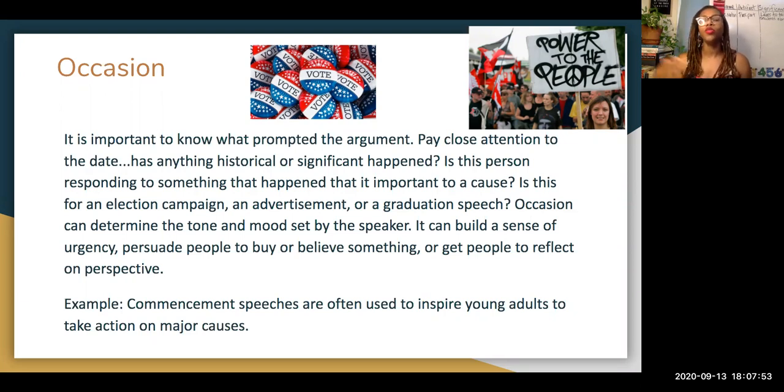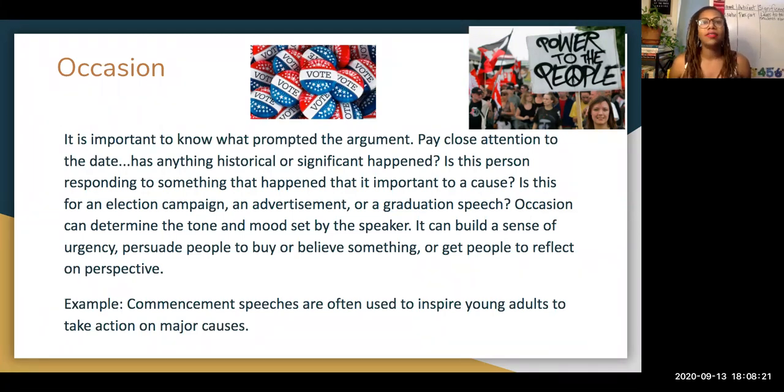So you want to be asking yourself, what exactly is the occasion? Because that sets the tone. It creates the atmosphere for your speaker, as I just mentioned. So the tone and the mood is set by this occasion. It can build a sense of urgency. Just the occasion itself can persuade people to do something right away because something has happened, right?